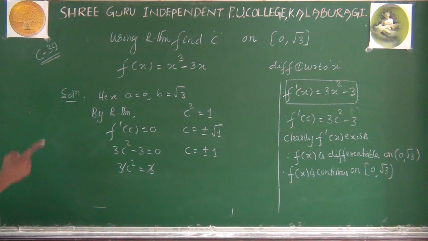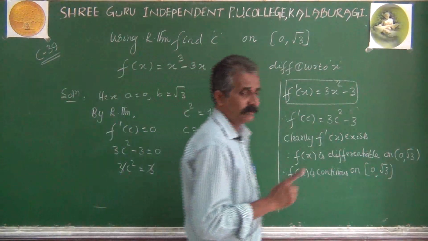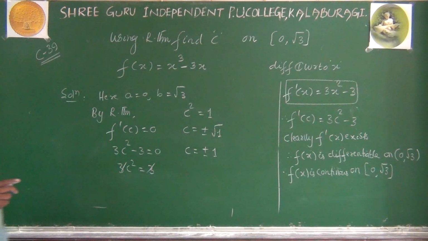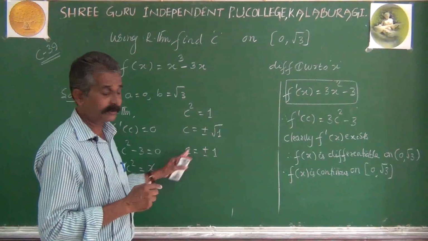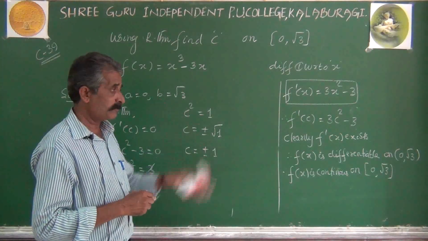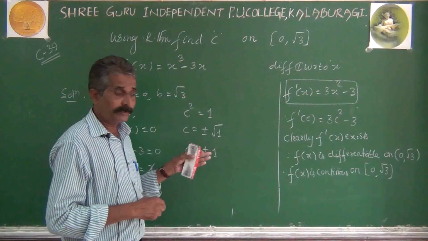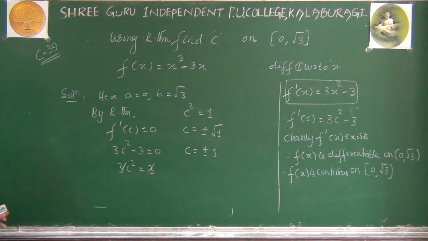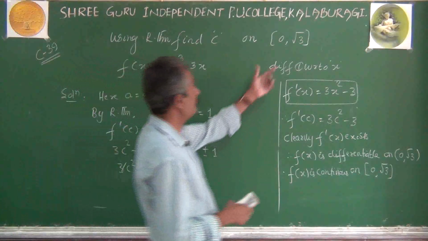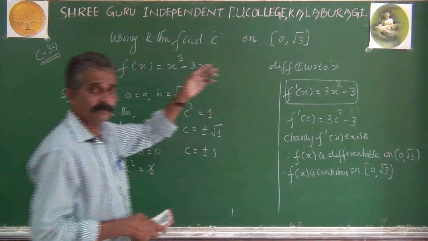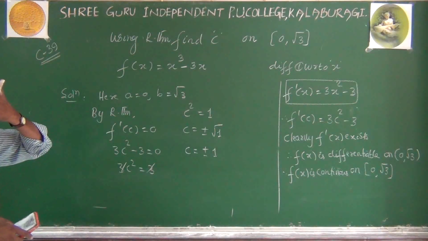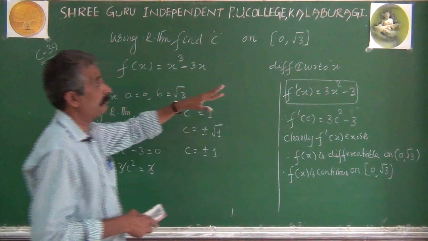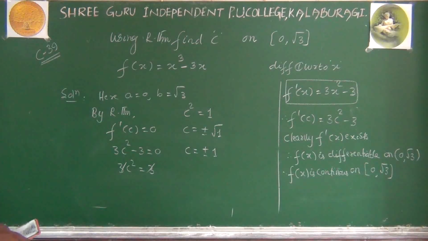One is x equal to minus 1, another is x equal to plus 1. Let's see at which point the tangent is parallel to the x-axis, because of the interval 0 to root 3, I mean 0 to 1.732. Obviously c equal to 1 belongs to the interval, but c equal to minus 1 does not.